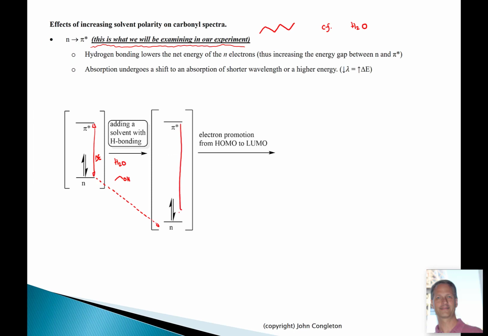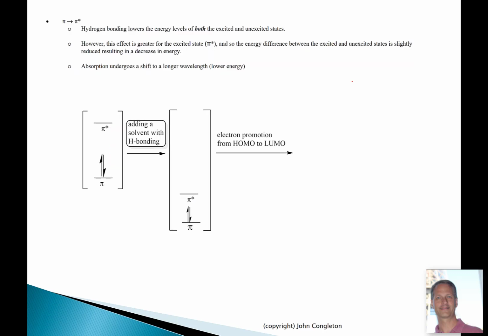What that does is increase our delta E. So then we have an electron promotion: you have your pi star, you have your n down here, and we see an electron promotion. Again, what that does is increase our delta E, which decreases our lambda. Let's see how that affects things when we start looking at our data.